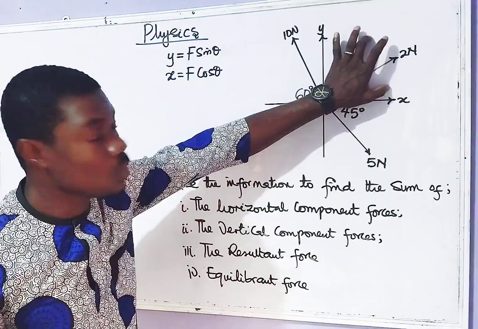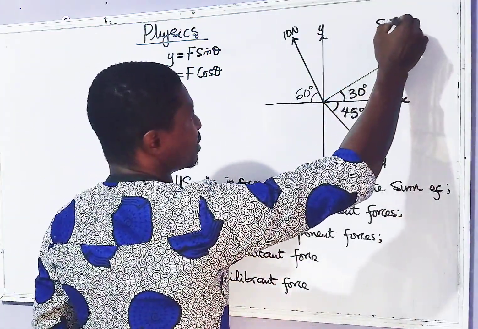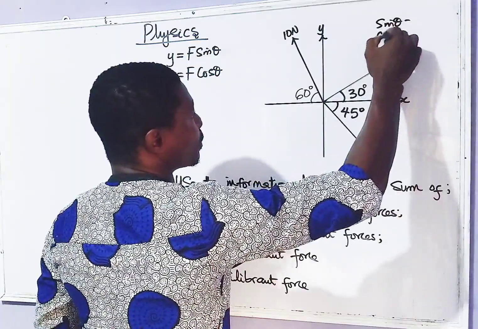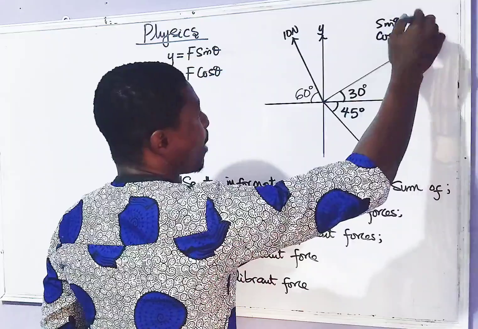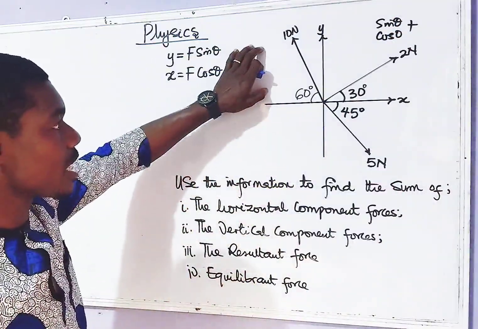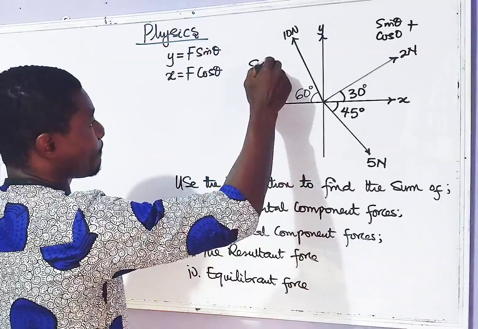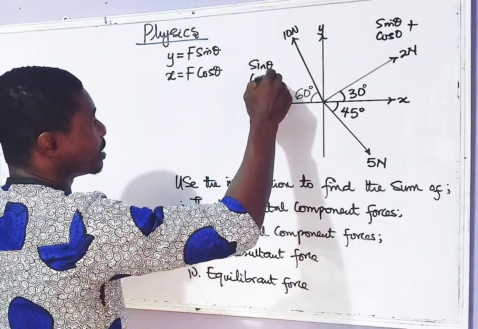For the first quadrant here, take note that sine theta and cos theta are both positive. Now for this quadrant here, sine is positive while cos is negative.